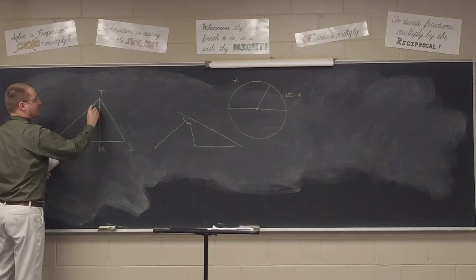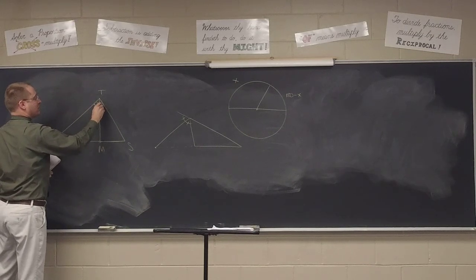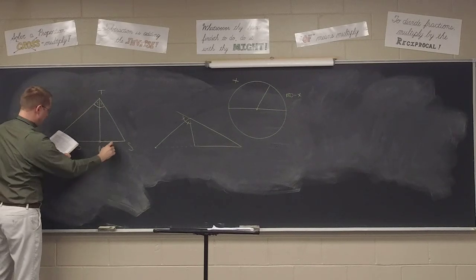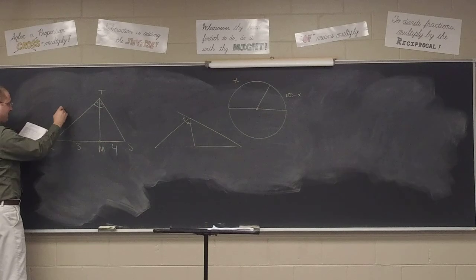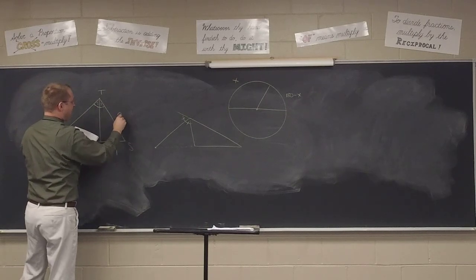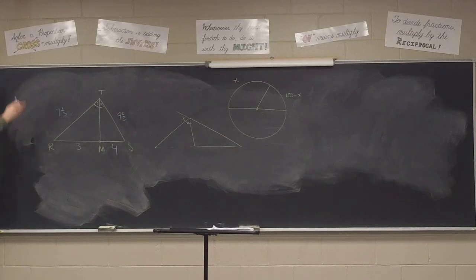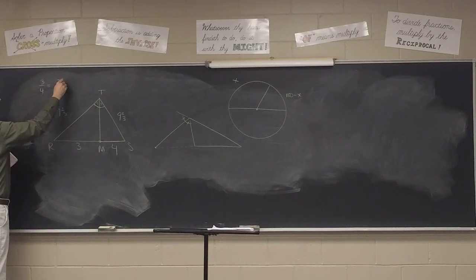So we don't know it bisects here. The question is that a bisected angle? So it tells us that RM is 3, tells us MS is 4, tells us RT is 7 and 1/5, and TS is 9 and 2/5. What proportion would have to be true for that angle to be bisected, Ethan? 3 is to 4 as 7 and 1/5 is to 9 and 2/5.